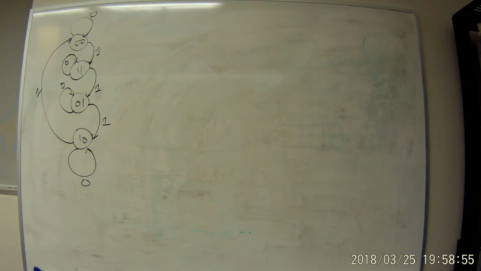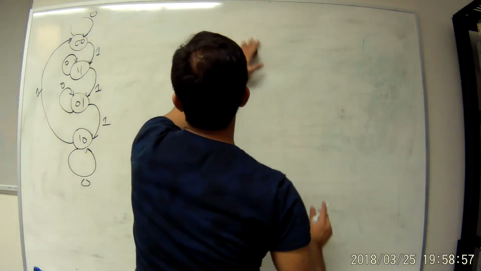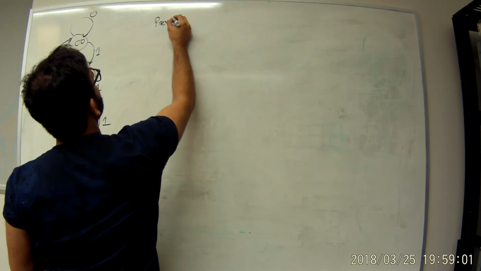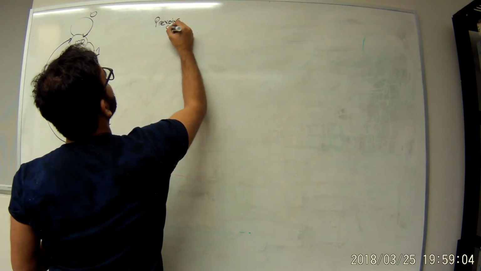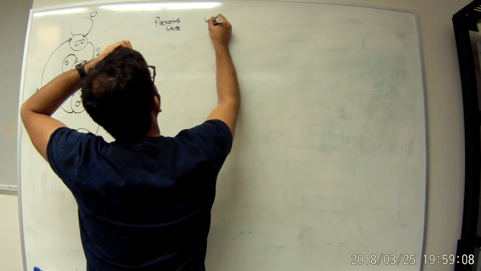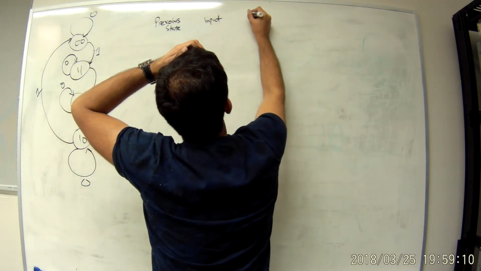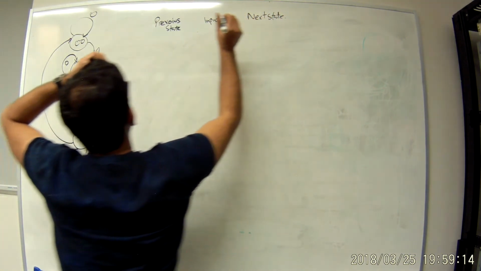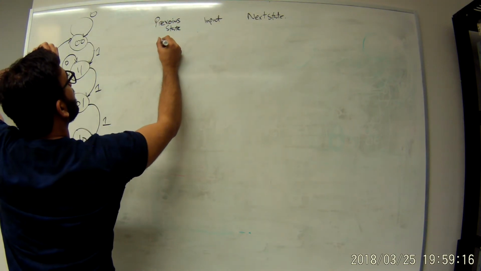Okay? So now, if we're going to draw a table for that, we're going to have our previous state. We're going to have our input. We're going to have our next state. Since our state is represented by 2 bits, I'm going to call them AB.